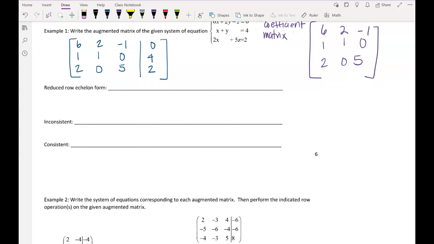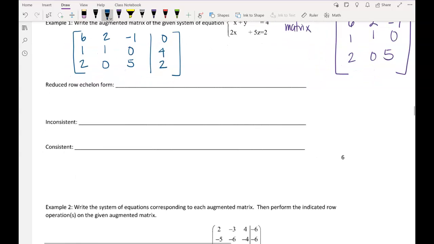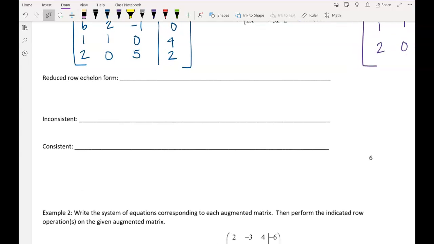Reduced row echelon form. There are 3 conditions, okay, students? Okay, condition number 1.